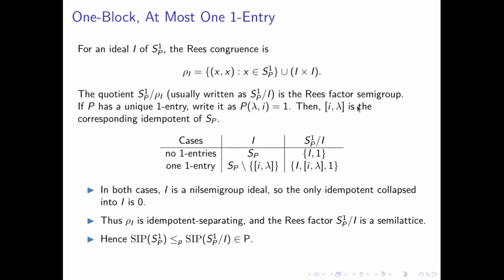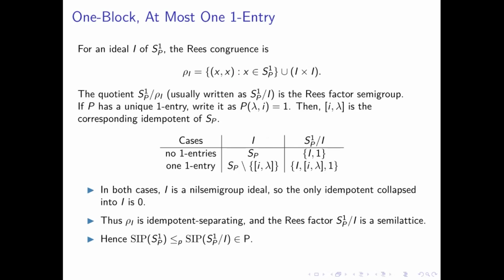If you don't have any one entries, then the ideal is S sub P, and the quotient is the ideal itself and the identity one.